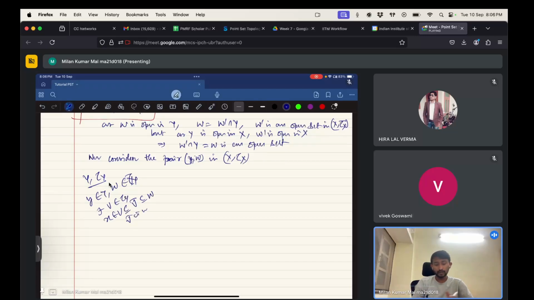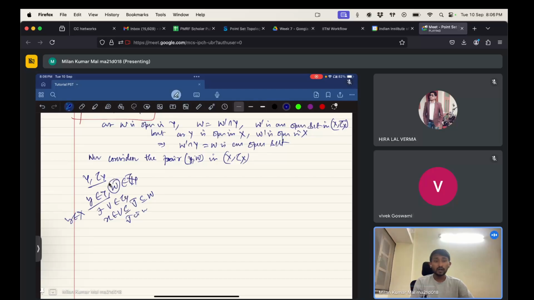This is what I want to prove. But what I have proved is that this W is not only an open set in Y, but also an open set in X. And the point y is automatically in X as well, as y is in capital Y.